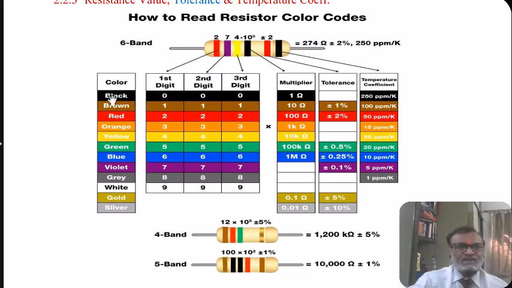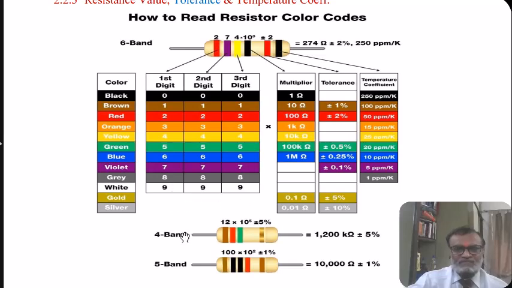The color sequence is black, brown, red, orange, yellow, green, blue, violet, gray, and white. They have been assigned the numbers 0 to 9.